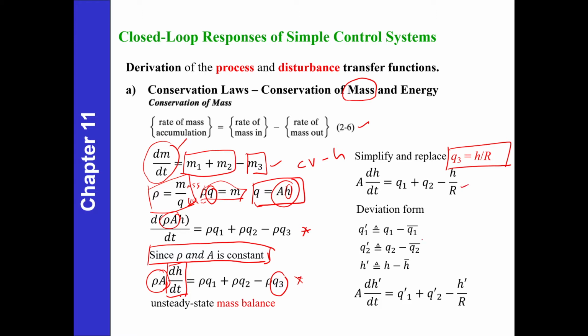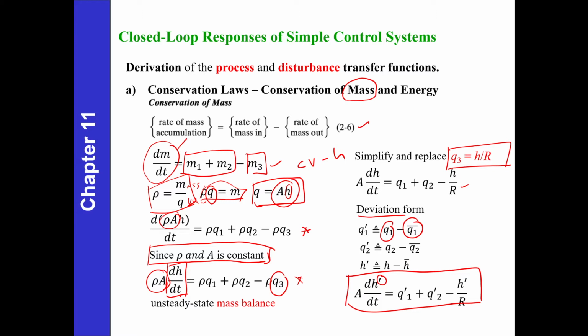And then to get a transfer function, before that, we should convert this equation into deviation form. What is deviation form? Deviation form is basically the difference between the current value and the steady state, and it's written with this symbol.